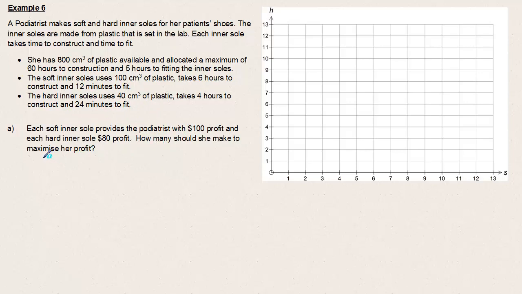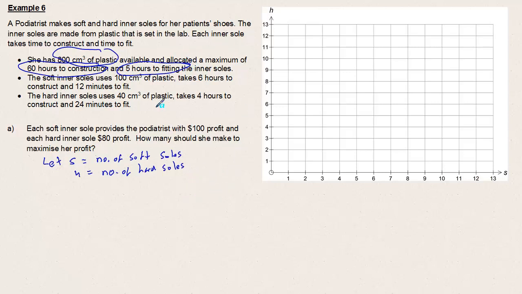So, if we let S be equal to the number of soft soles, and we let H be equal to the number of hard soles, it seems that the constraints are on the amount of plastic, the construction time, and the fitting time.